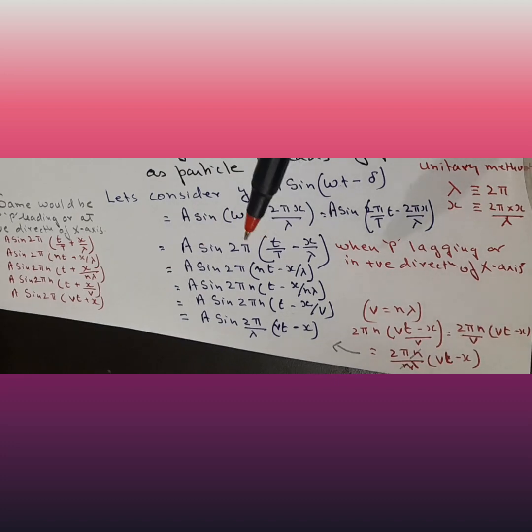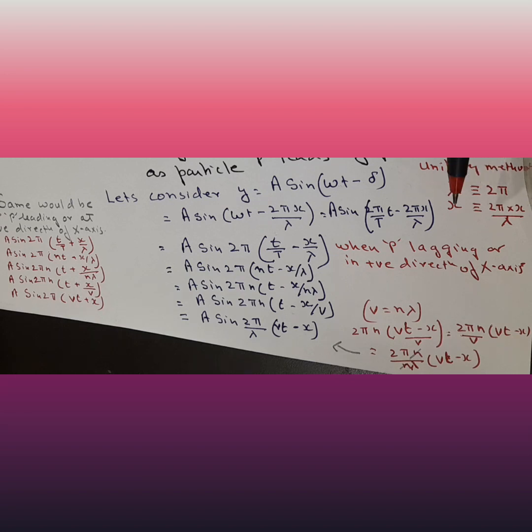These derivations are very essential for numerical purposes. So A sin(omega t minus 2 pi x over lambda). Why? Unitary method. Lambda corresponds to 2 pi, therefore x corresponds to how much? I hope you understood this relationship.